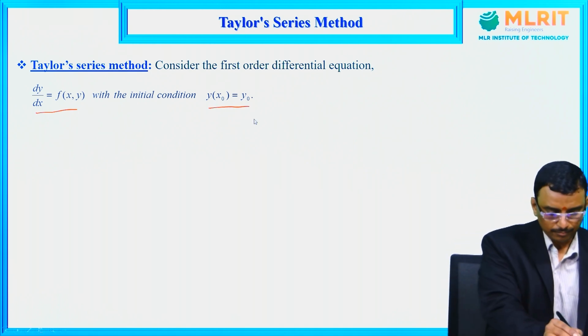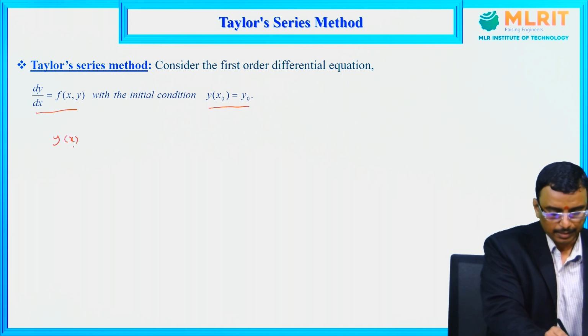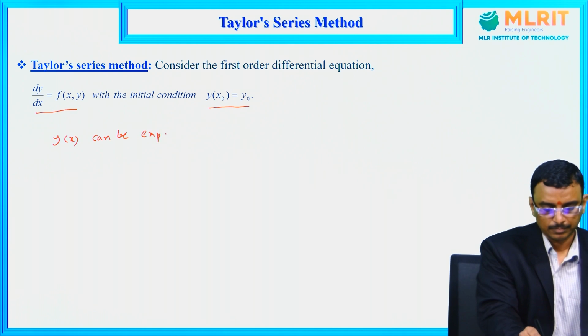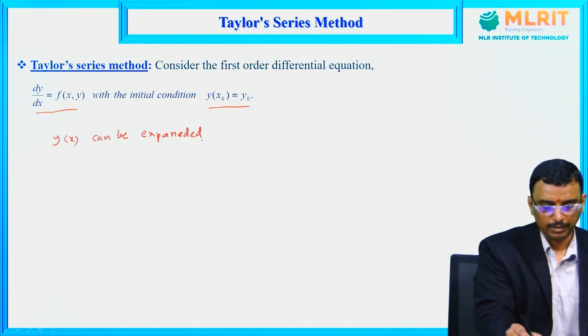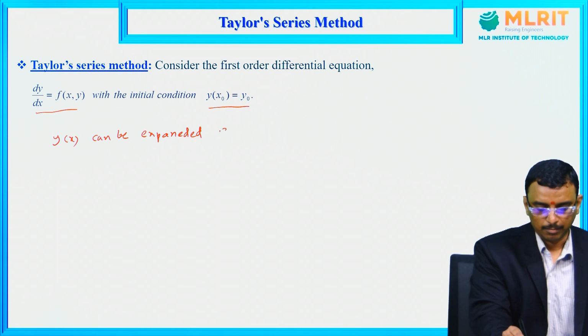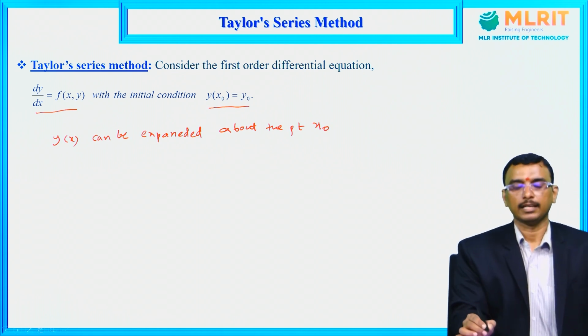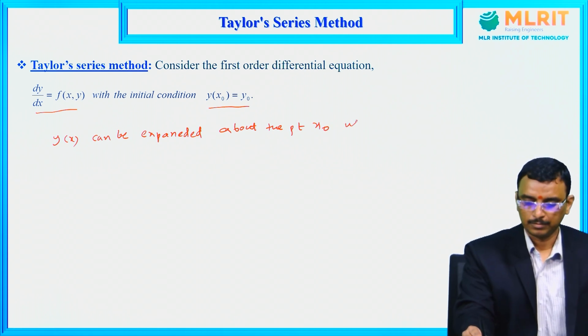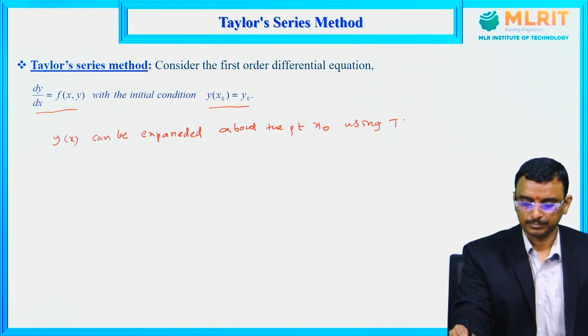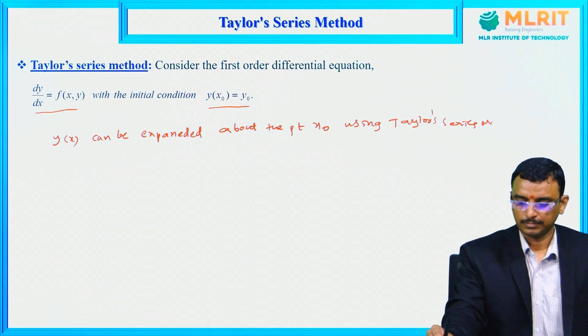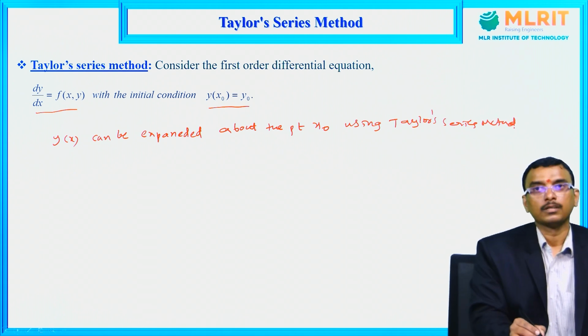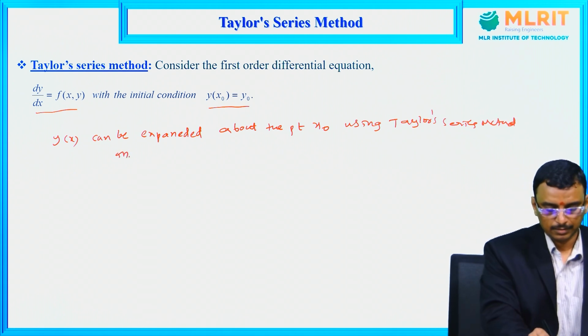Now y of x can be expanded about the point x naught using Taylor series, in powers of x minus x naught.